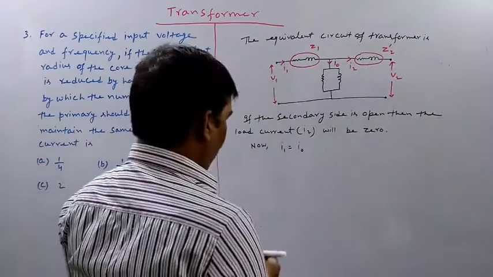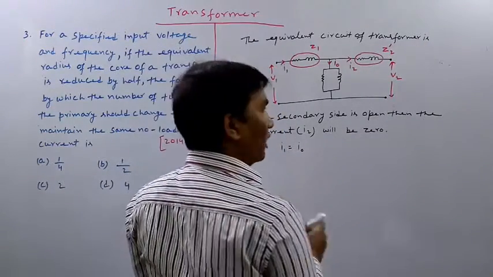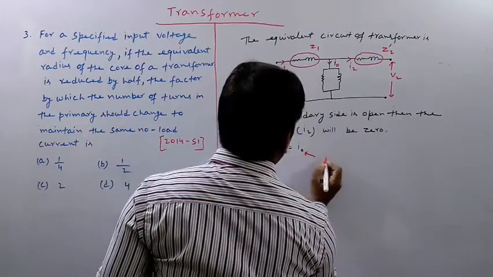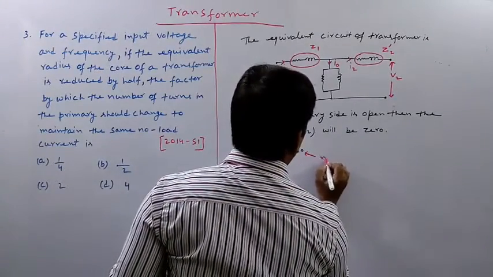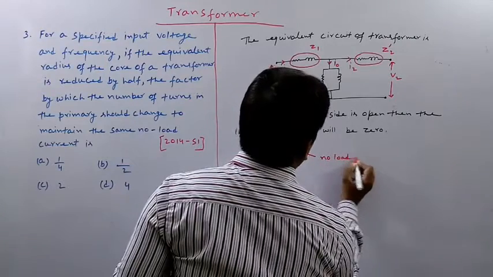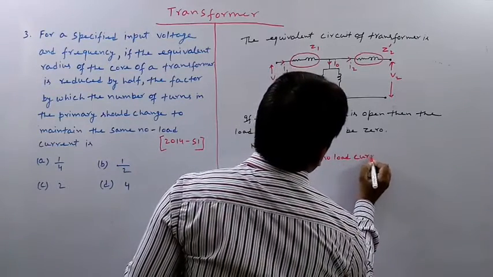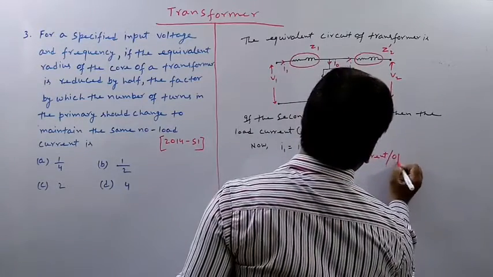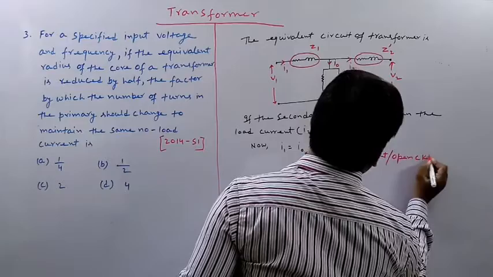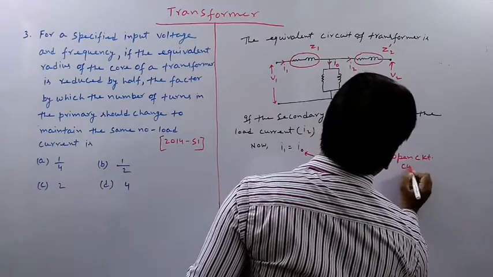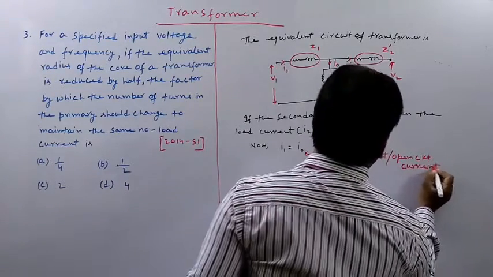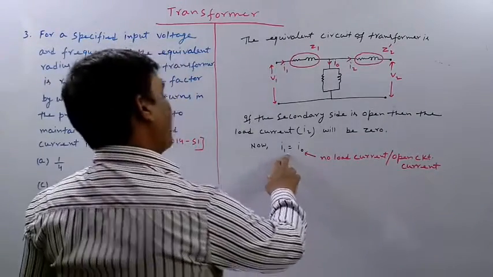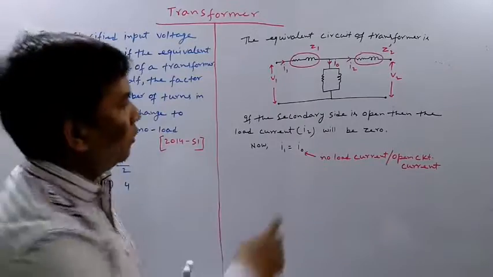So this you can say no load current, or open circuit current also. Now the value of primary current will be equal to I naught.